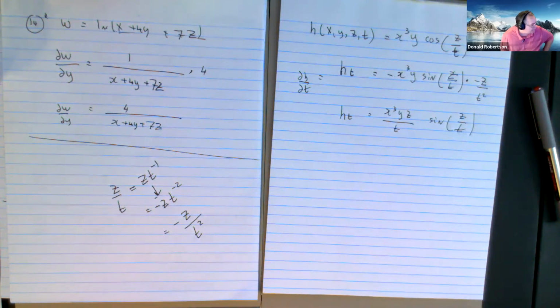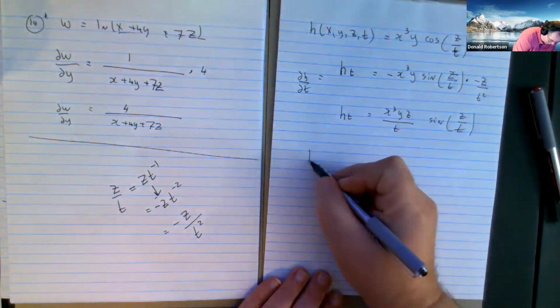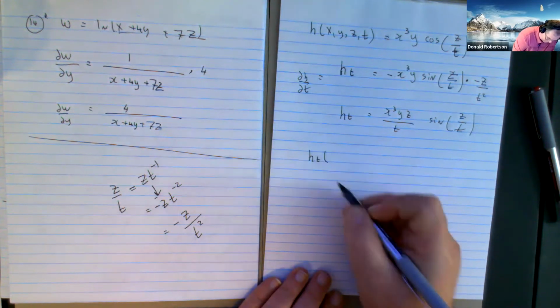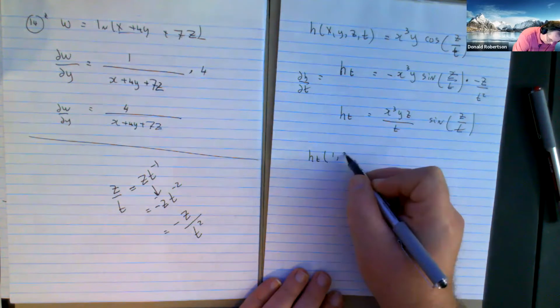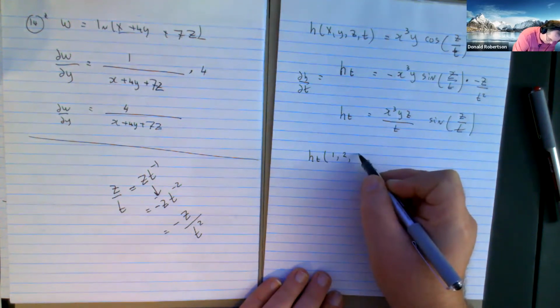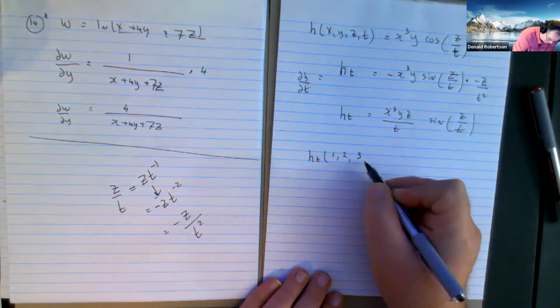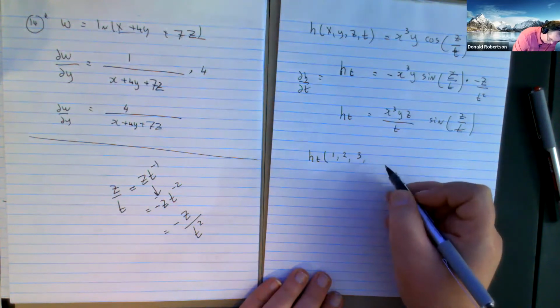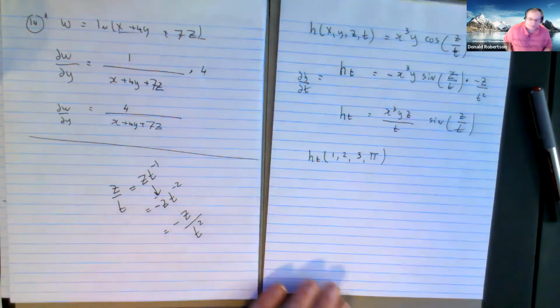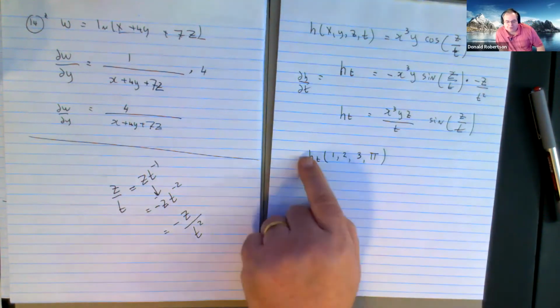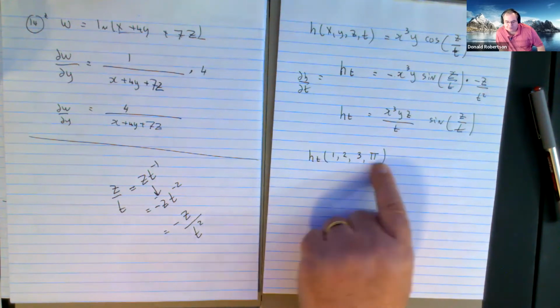Okay. Now, suppose you were being asked to find the partial derivative at one specific value.